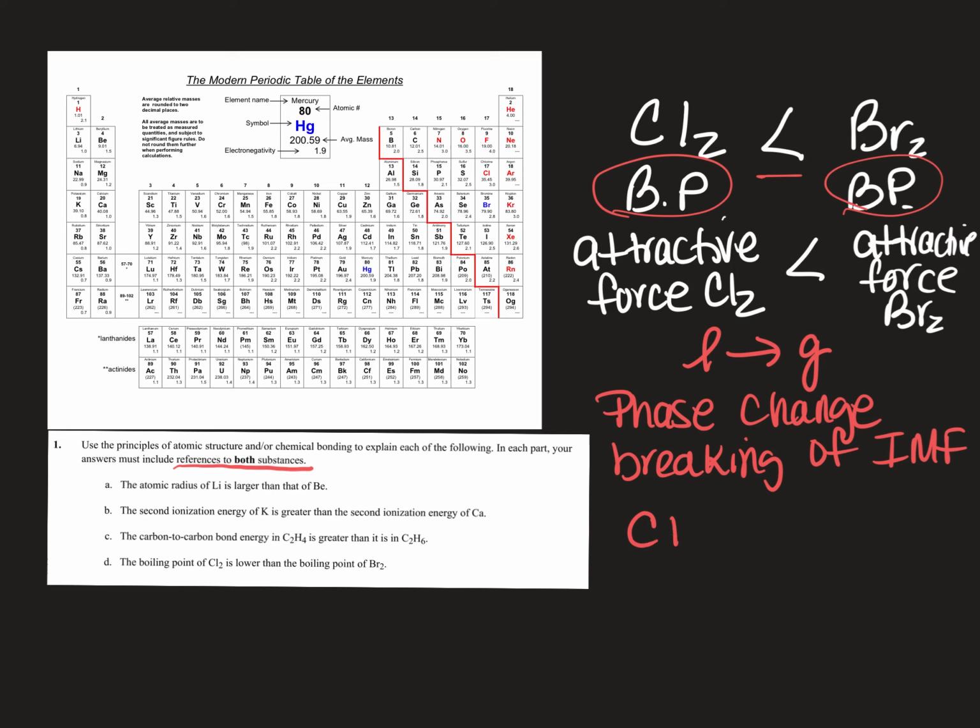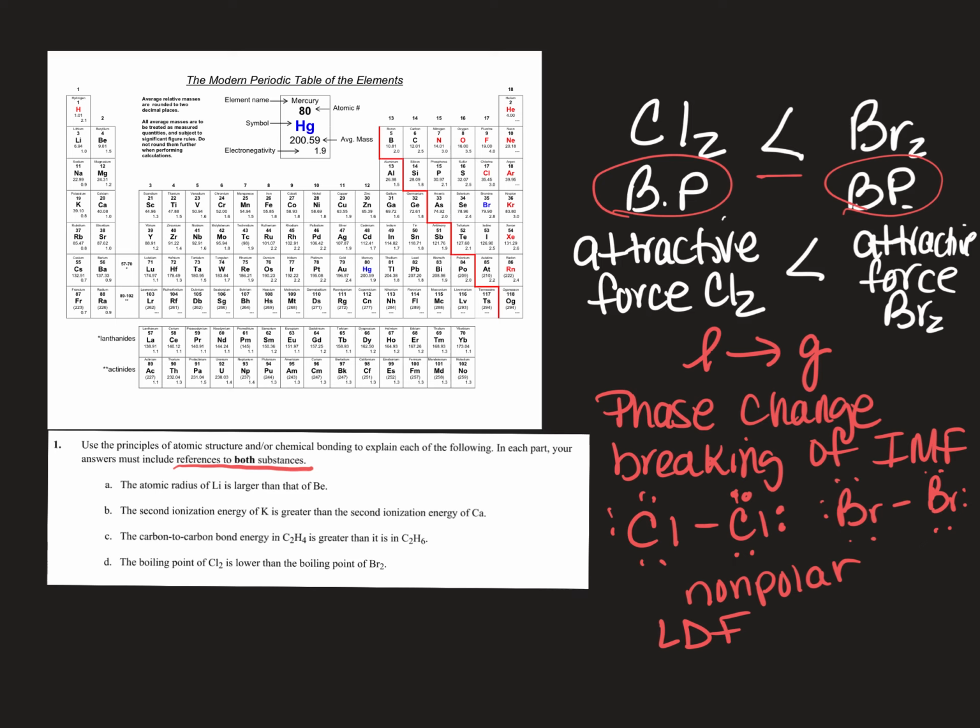Well, chlorine is diatomic, so that would be its Lewis structure. And bromine is diatomic, so that would be its Lewis structure, which means they are both nonpolar. And since they are both nonpolar, the intermolecular force that we have to be describing is London dispersion forces.